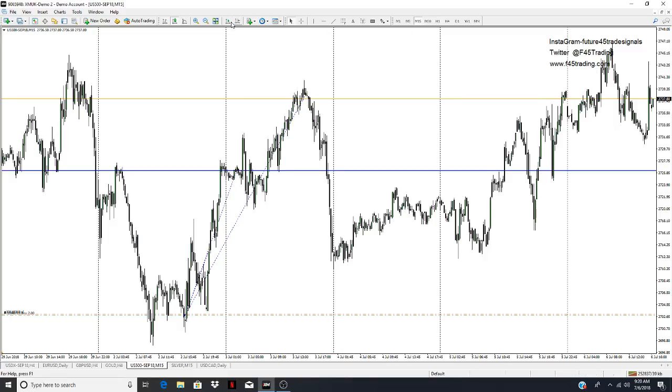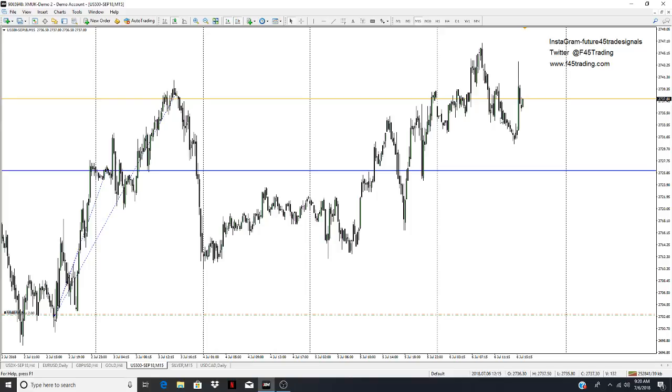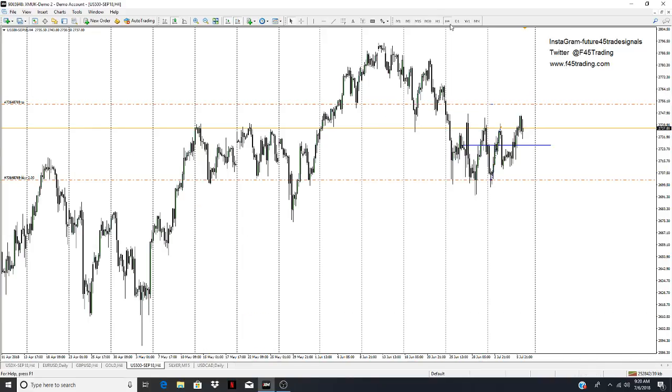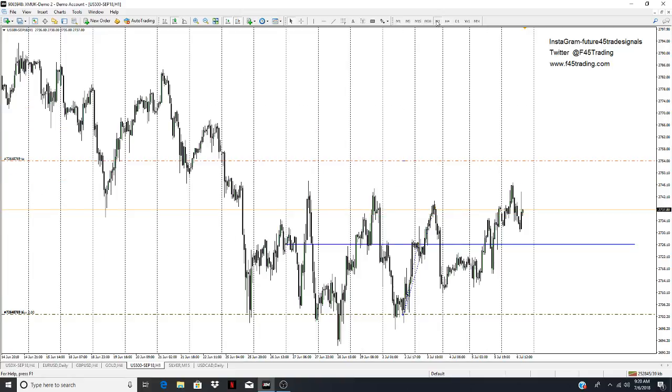So right now I'm still holding on to this. I think our targets are really good. I think we have a good chance of it getting up into this level probably today. To be honest, I think it's hopefully going to shoot up here. We got 10 minutes until equities open. I feel pretty good that we got a nice run on this, and hopefully this profit taking will get filled today.